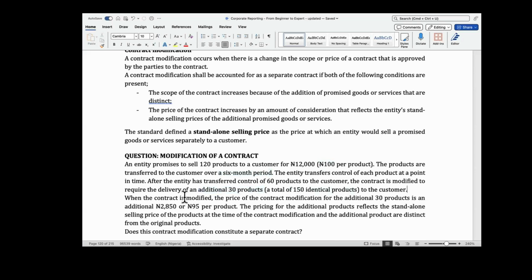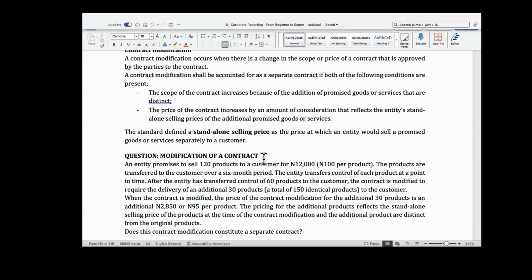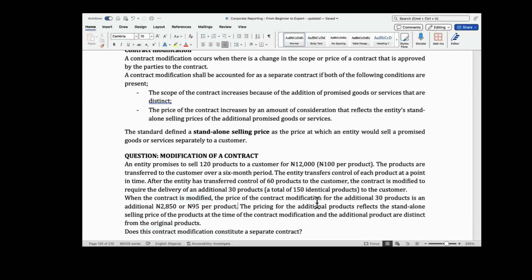When the contract is modified, the price of the contract modification for the additional 30 products is an additional 2,850, or 95 naira per product. The pricing for the additional product reflects the standalone selling price of the product at the time of the contract modification, and the additional products are distinct from the original product.